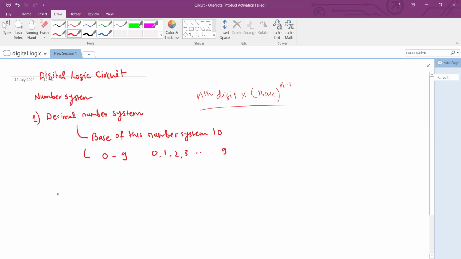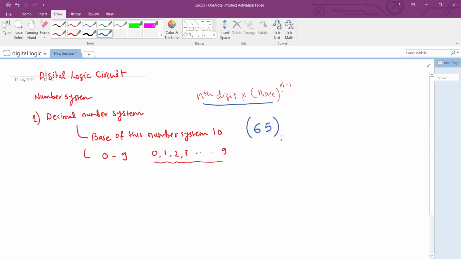So for example, we can have any number for this system, which includes the numbers from 0 to 9. If I want to write the value of any number in a decimal system, I can use this formula. It says the nth digit multiplied by, in brackets, the base, which will be 10, raised to the power n minus 1. So let's say I have this number 65.